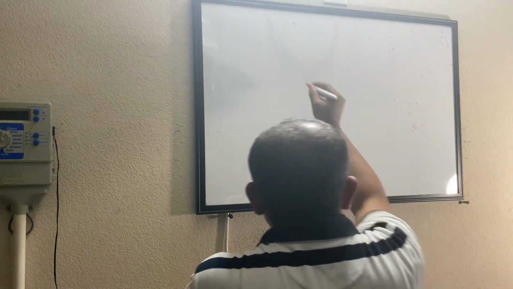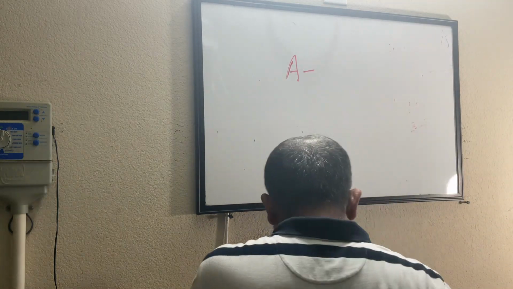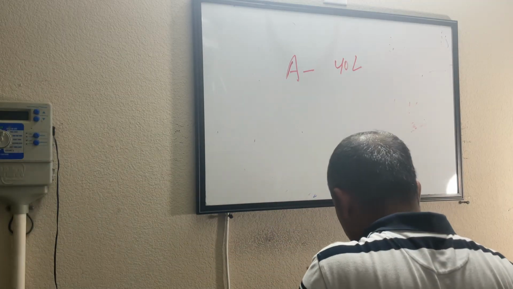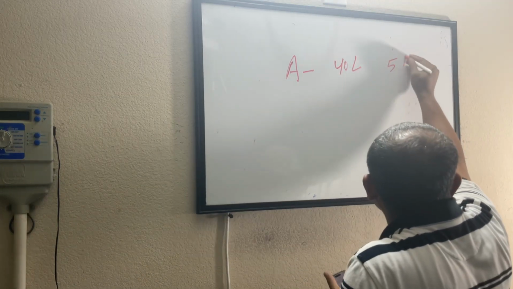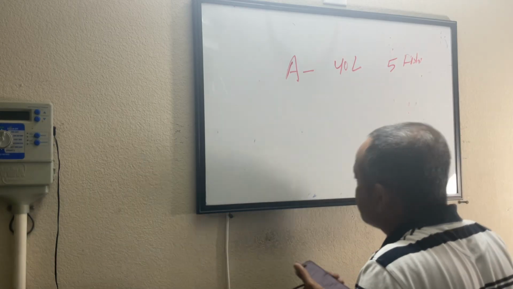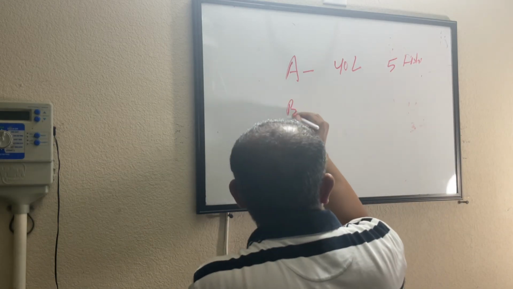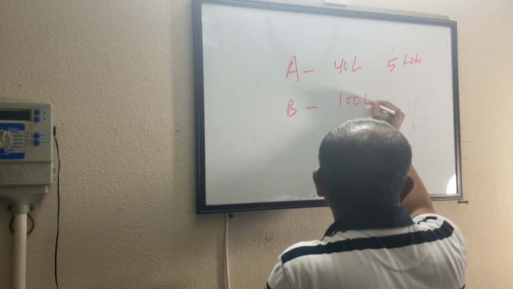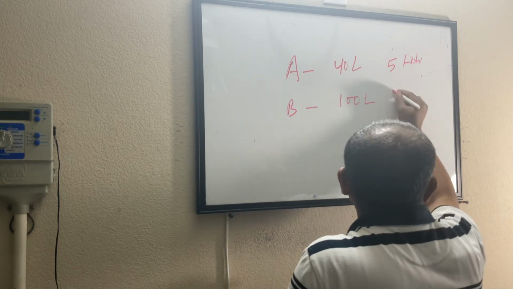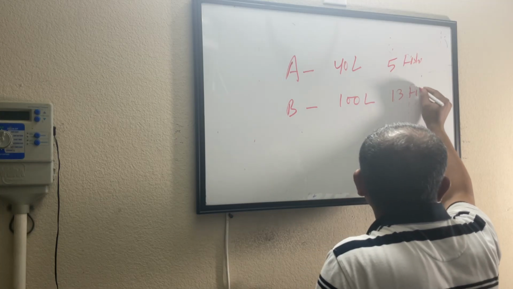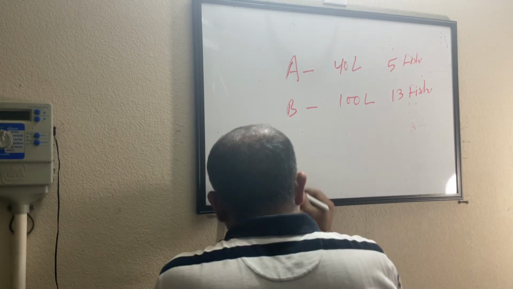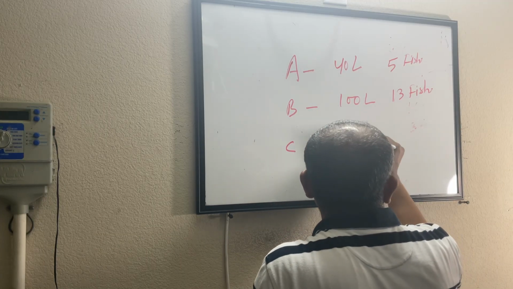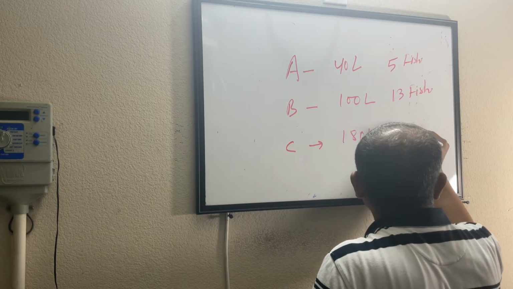Tank A holds 40 liters of water and 5 fish. Tank B holds 100 liters of water and 13 fish. Tank C holds 180 liters of water and 23 fish.